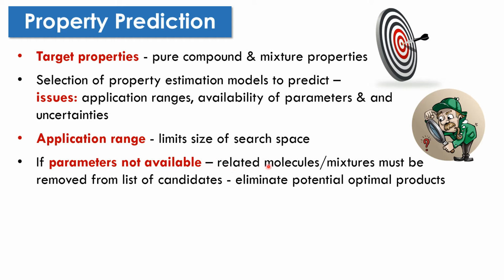Related molecules and mixtures must be removed from the list of candidates, because we don't have the needed parameters to predict their properties. But if we remove them just because of that, we might eliminate potential optimal products, because the candidates that we remove might have better performance than the candidates for which we have the parameters.